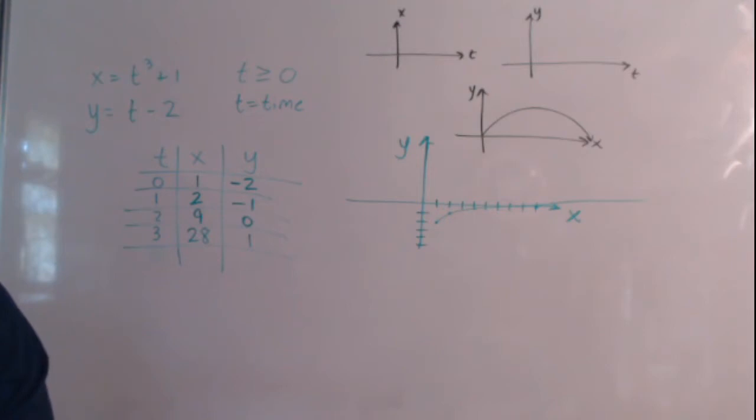So I see the x would be a straight line. Would it have any slope, or would it have zero slope? So let's think about it for just a second.